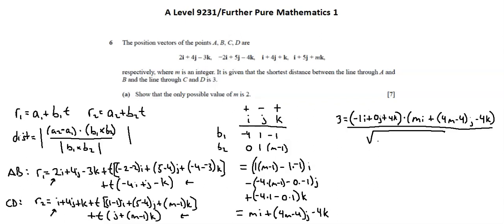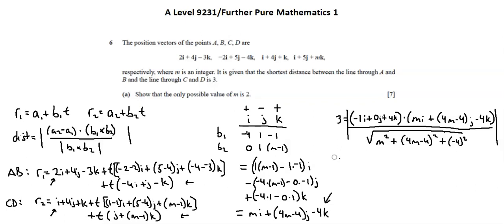The coefficient of i is m, so I have m squared plus the coefficient of j is quantity 4m minus 4, that squared, plus the coefficient of k, minus 4, also squared. And I want the absolute value. 3 is the result of an absolute value calculation.